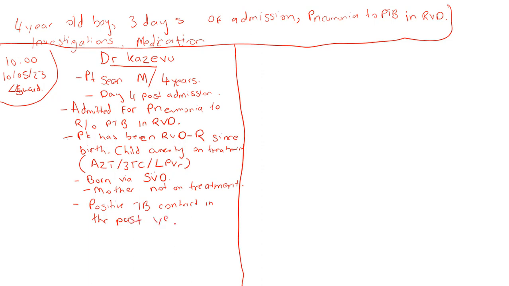Okay, so now this positive TB contact that has been there in the past year, we can also actually qualify it and say this person was smear positive.